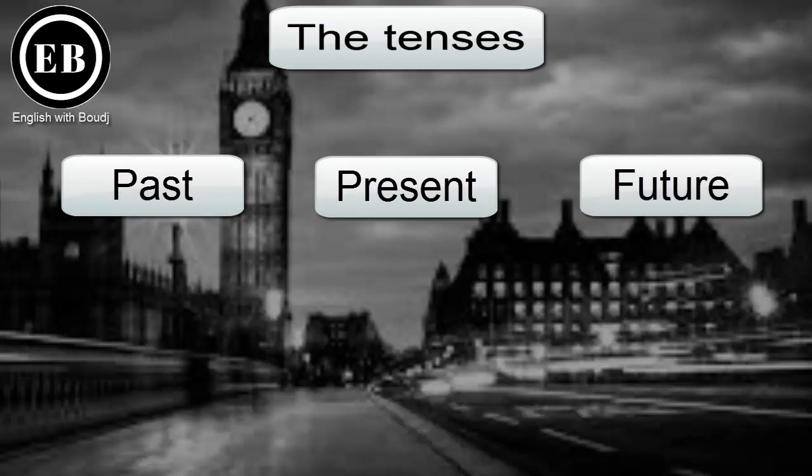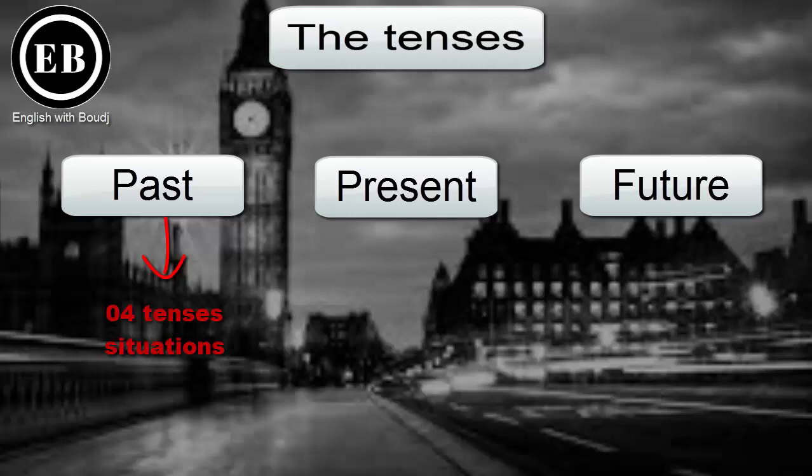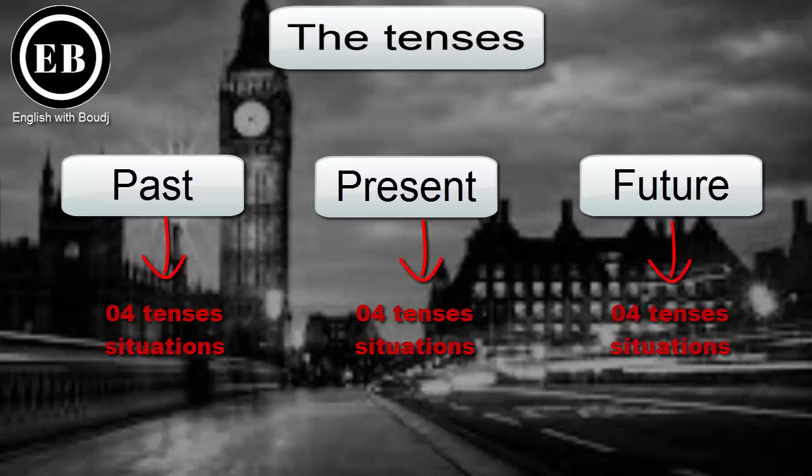What we should know now is that the category of the past tenses also contains four situations of tenses, and the same goes for the categories of present tenses and future tenses.